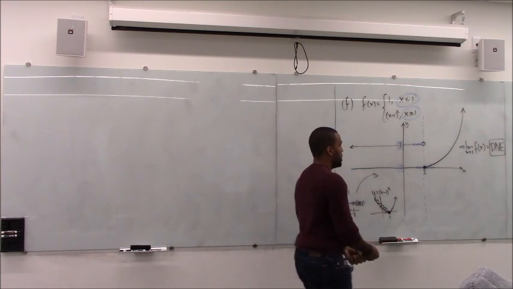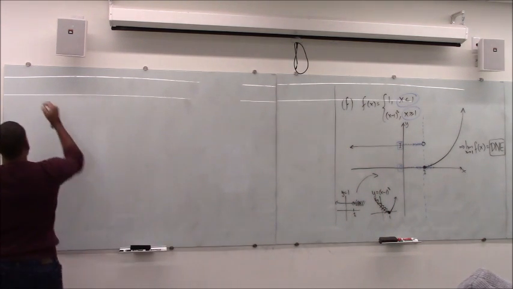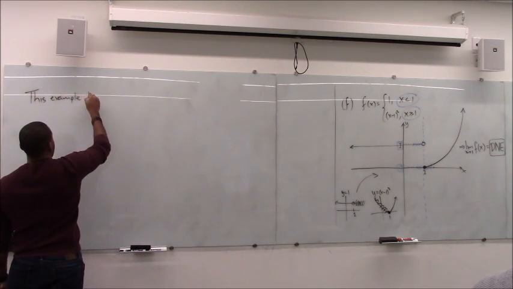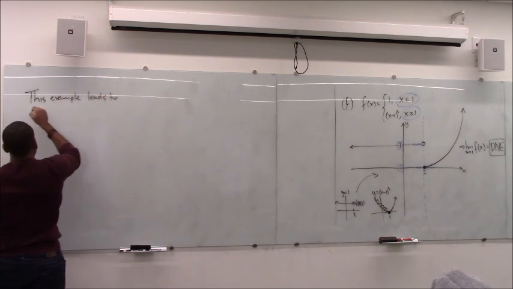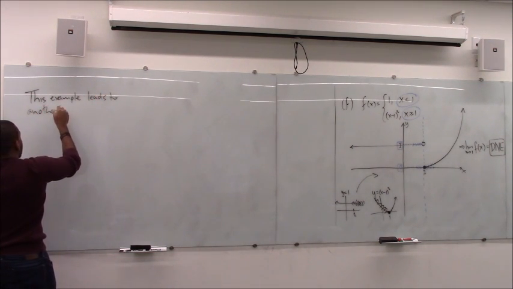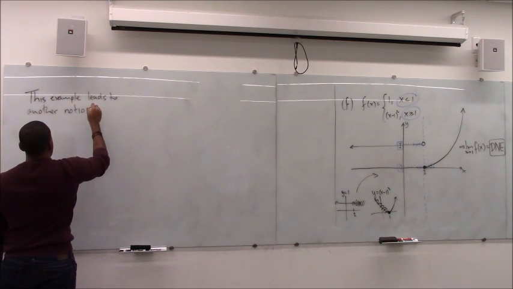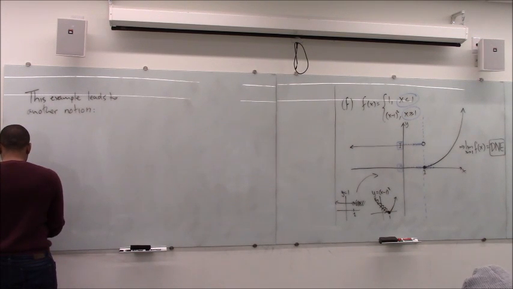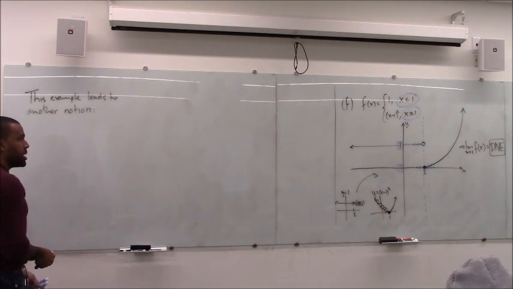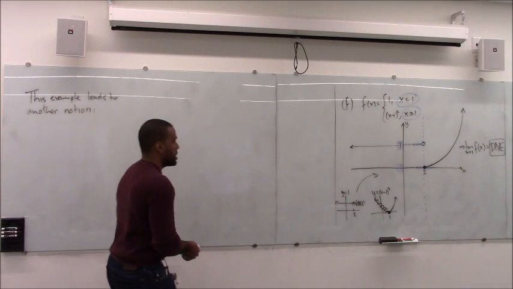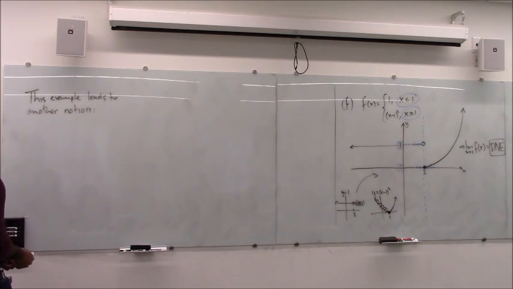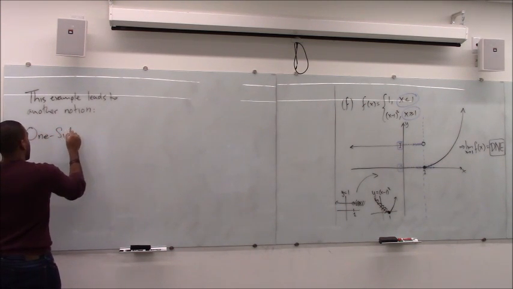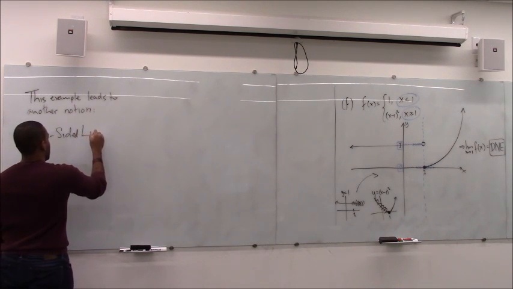And so this example leads to another notion where sometimes our limit can not exist, but we can examine the function one side at a time. It's called one-sided limits.